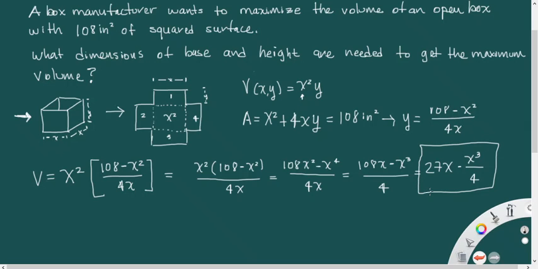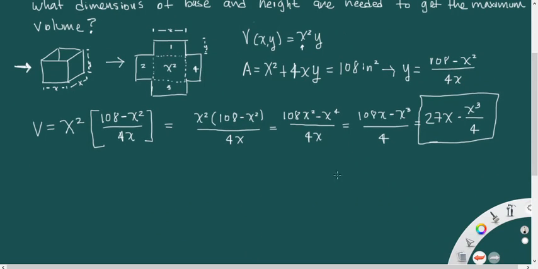This is the formula of the volume in terms of this area, and from this expression which represents the surface. Once we have this new volume formula, we need to calculate the derivative of this function, because we want to find the maximum or the critical point of this function.